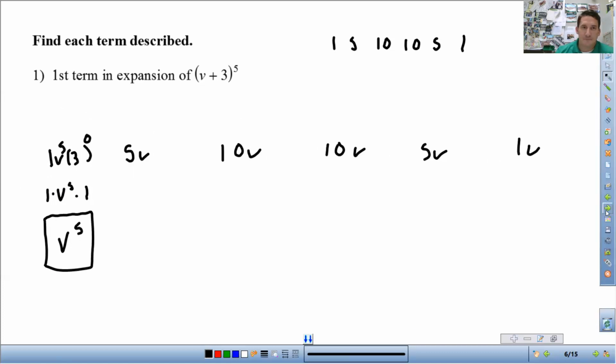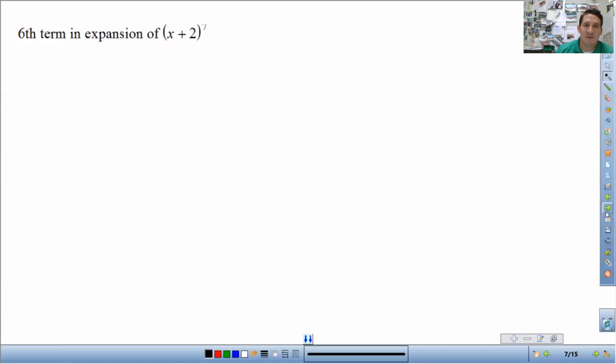But let's look at something like the 6th term of the 7th power. Here I am actually going to write out the whole thing because I don't know the row off the top of my head.